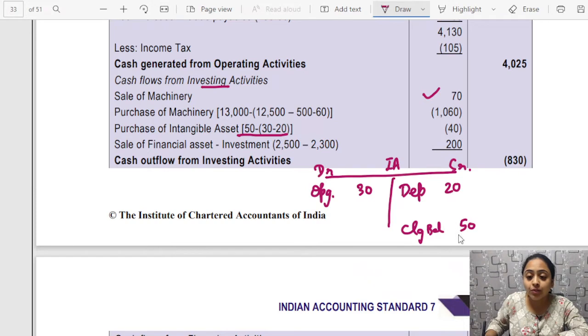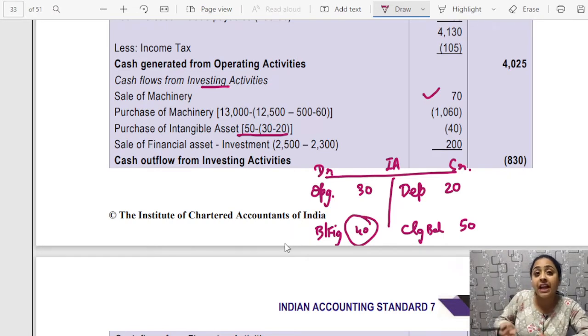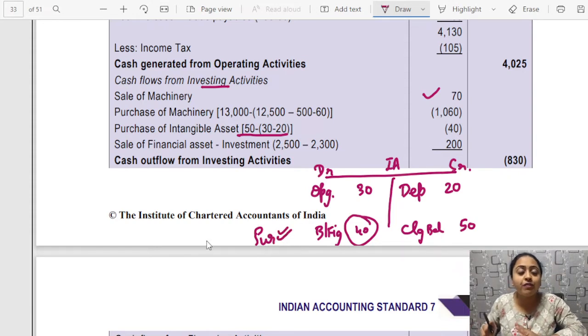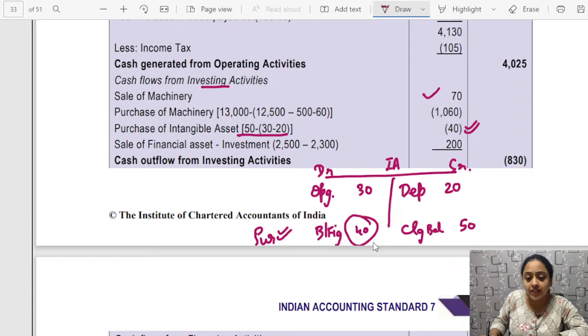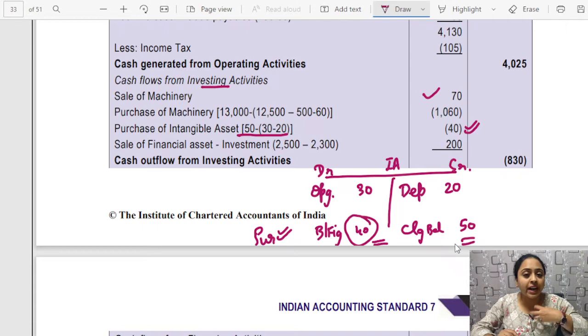Now the balancing figure to make 70 is 40, so this is the amount. If it is a debit, it means there has been an addition, meaning purchase. If there is a purchase, there has been an outflow of cash, and therefore this 40 is deducted. This is how the ledger works. Your 70 and 70 becomes the total. Are you getting this? In case of doubt, please ask me.